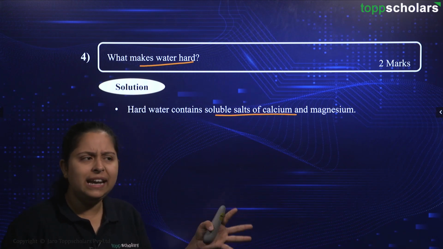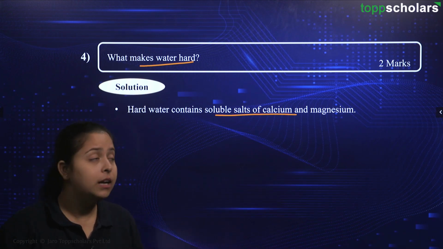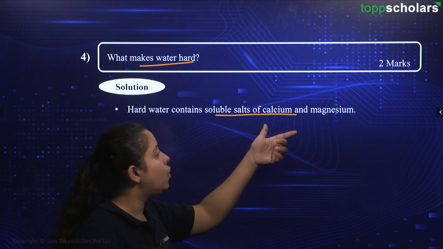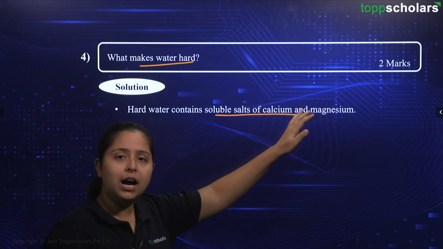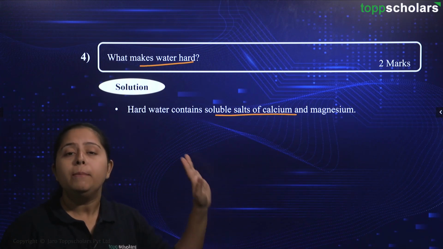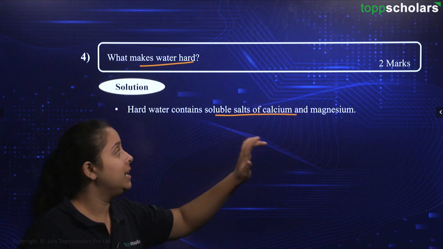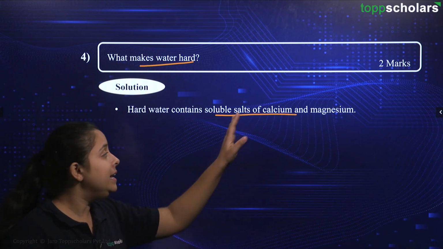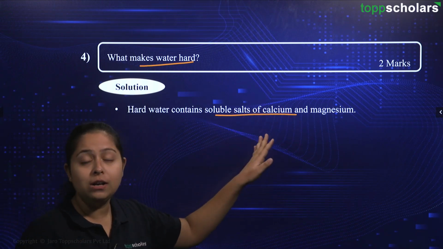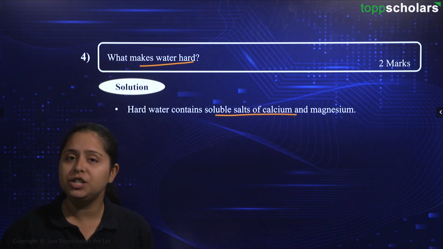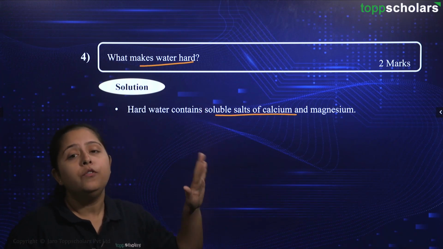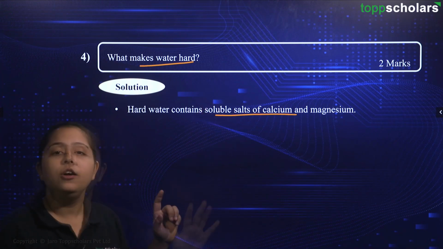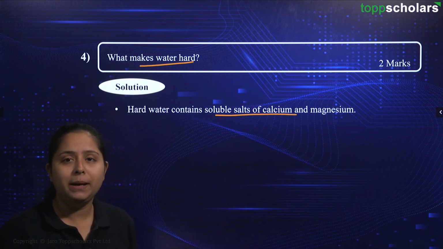We cannot see any kind of salt present in that, right? But there are salts of calcium and magnesium dissolved in that water. Because of this higher amount of salt, we say that this water is hard. These magnesium and calcium salts interfere with the lather formation. Hence, this water will not give you lather when you use it for bathing purposes.